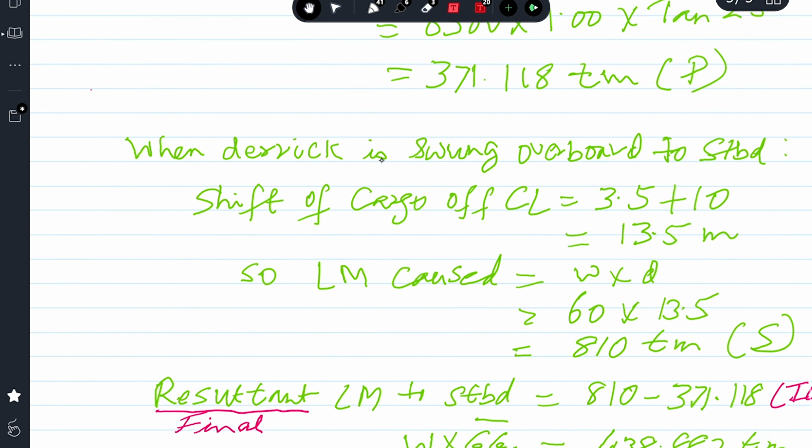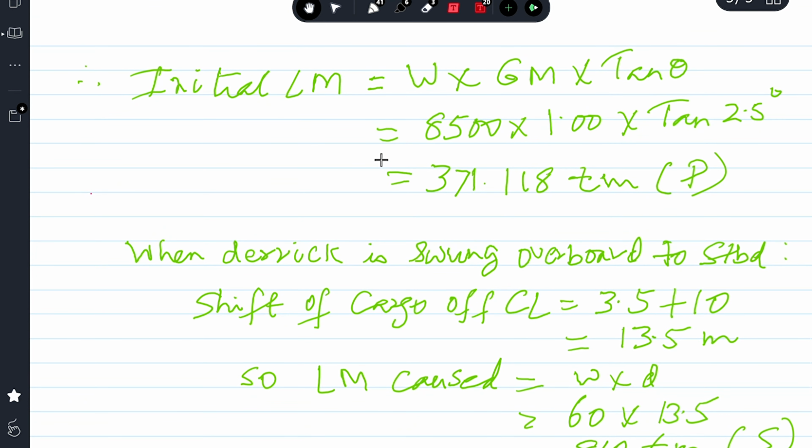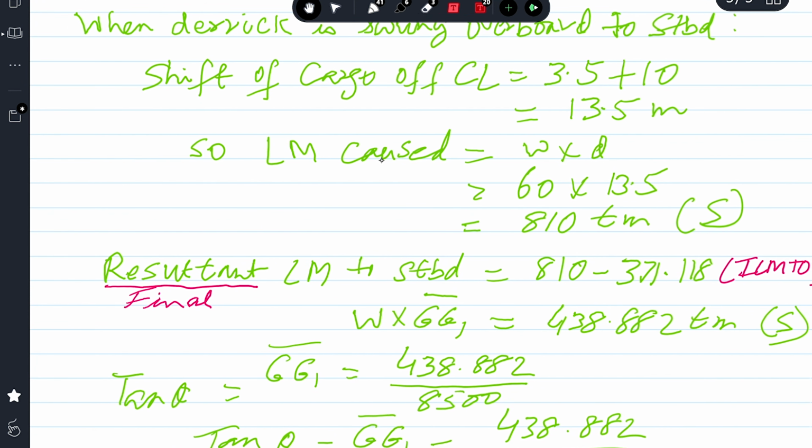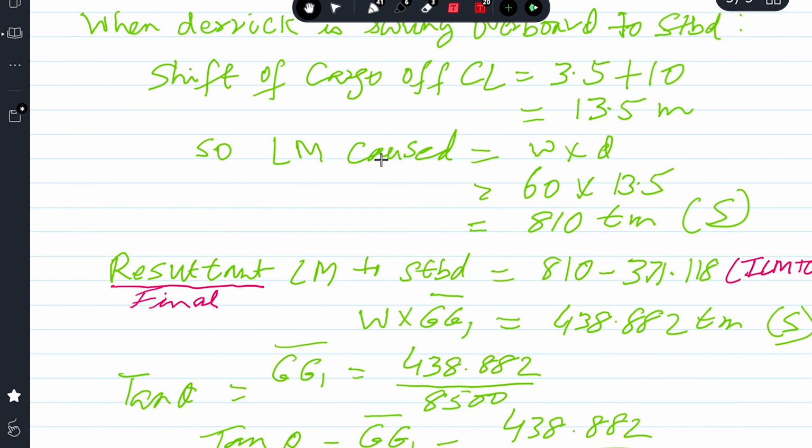So initial listing moment was to the port 371.118, and resultant listing moment to starboard will be 810 minus 371.118.